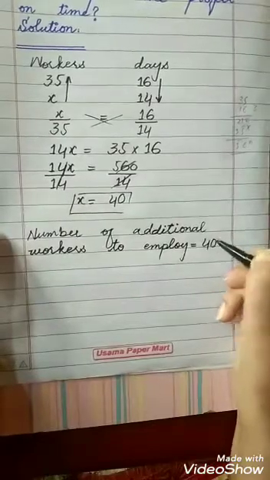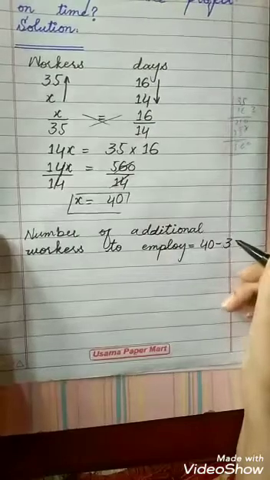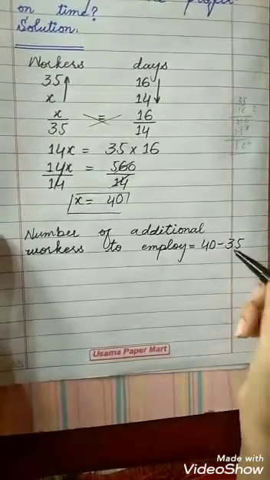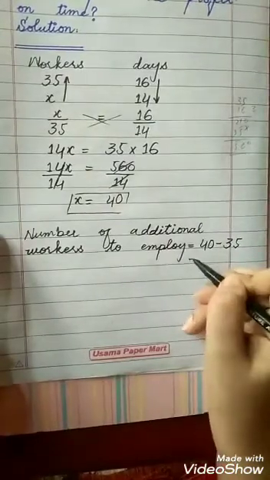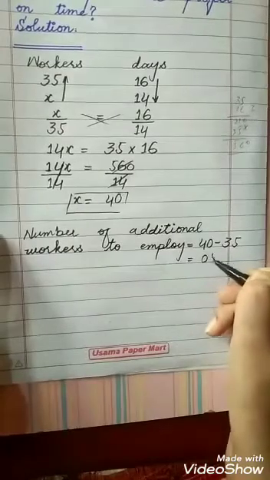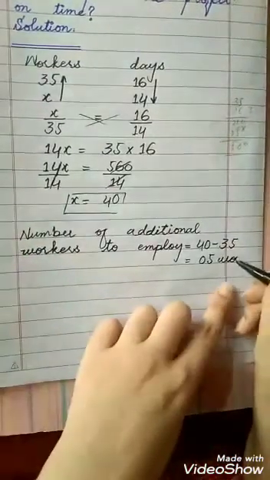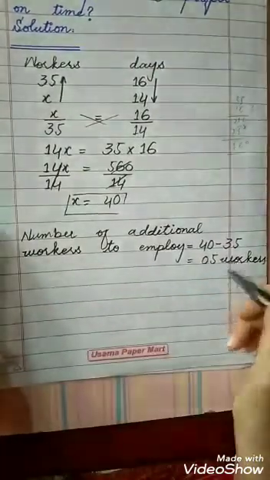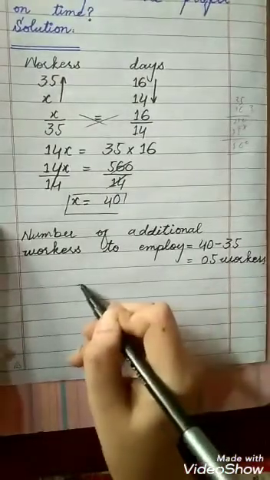Now we got 40, and how many were we already having? 35 workers. 35 we already have, so they are asking how many more they need. So 40 minus 35, that is 5 workers. It means 5 workers they need more to complete the project on the same time. So how many workers? 5 workers.